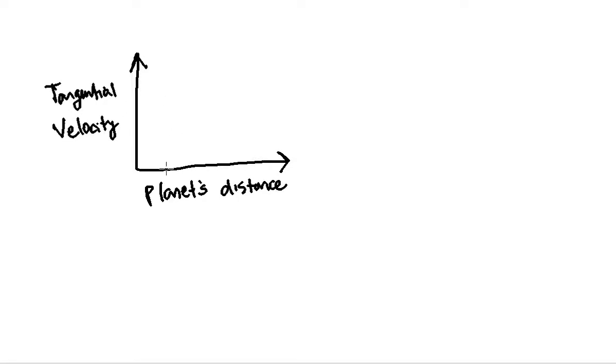Alright, so as this planet was closer, we're talking about distance to the star that it orbits. As it was close to that star, we had high tangential velocities, and when it was further, it was lower. And in the middle, you get something in the middle. So here's another inverse proportionality. Excuse the terrible line that I just tried to draw.